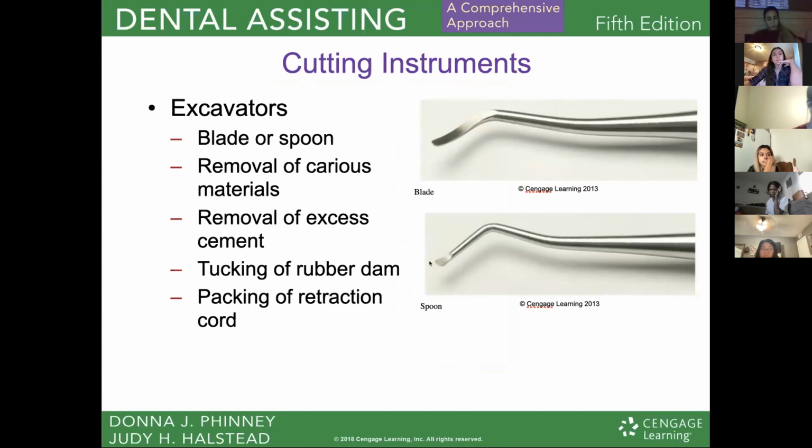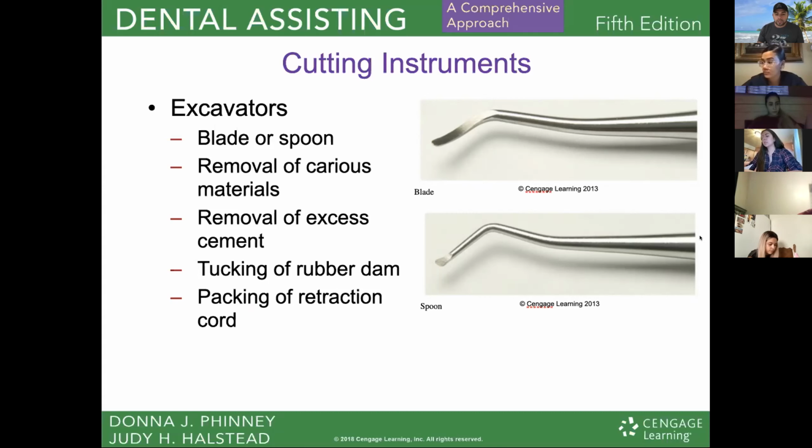This is almost like a curved or cup shape, sort of like a spoon. And what excavators are used for are to remove carious material from the tooth. Carious material means cavities or tooth material that has decayed. So it's kind of mushy. And so we can use that to scrape those areas out.